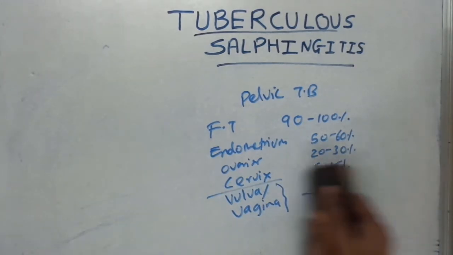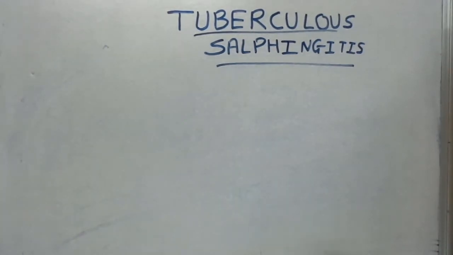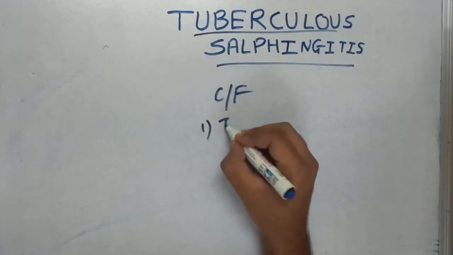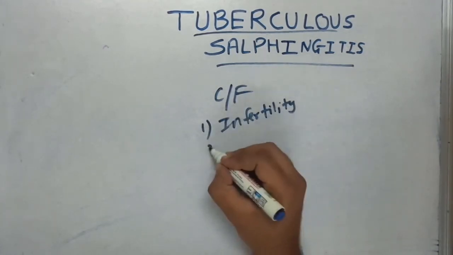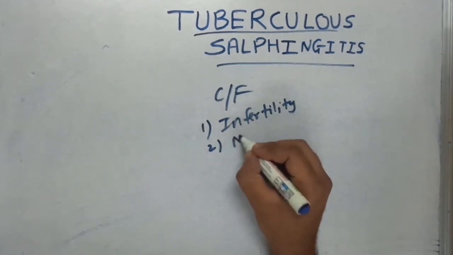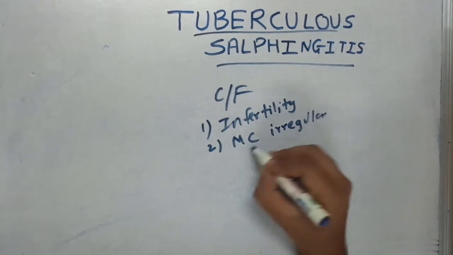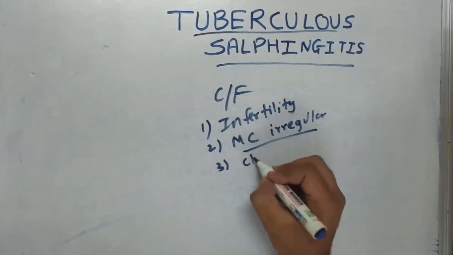Now moving on to clinical features of tuberculous salpingitis. The first one is infertility. Then menstrual irregularities, all kinds of menstrual irregularities. Then chronic pelvic pain.